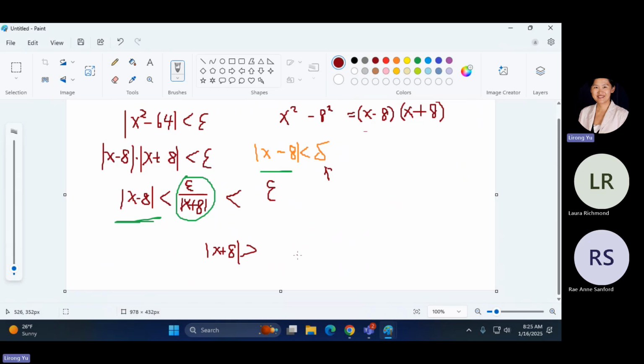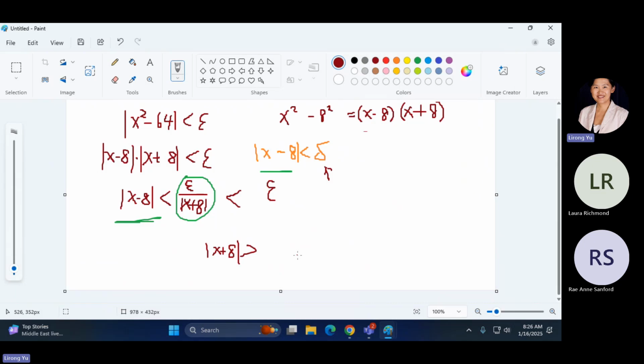Right, so x is a number approaching 8. We can make x plus 8 bigger than something. We want this to be less than a number times epsilon. This got to be less than epsilon over this number. That means x plus 8 has to be bigger than a certain number.